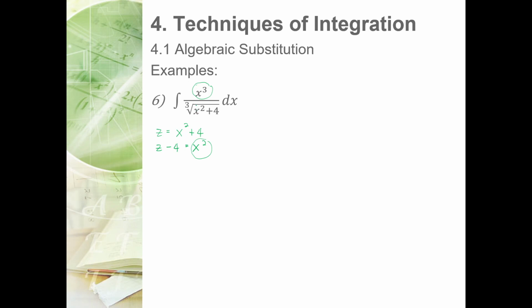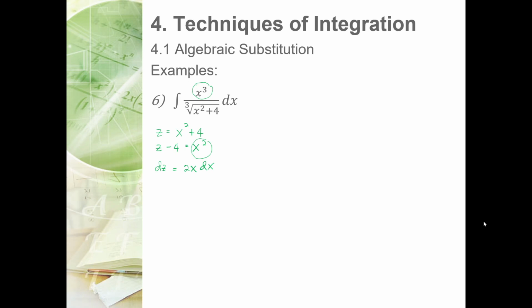But let's try anyway. Getting the derivative of this one, dz minus 0 is equal to 2x dx. So let's try another method.